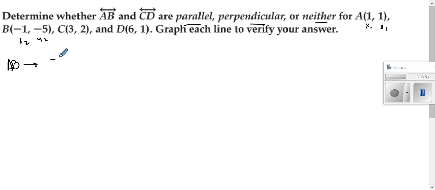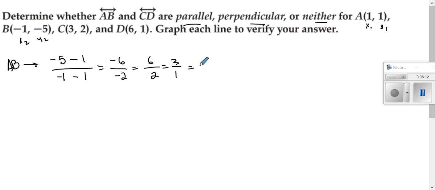So we're going to go y2 minus y1 over x2 minus x1. -5 minus 1 is -6. -1 minus 1 is -2. -6 over -2 is a positive 6 over 2. And that can be simplified down to 3 over 1, or just 3.